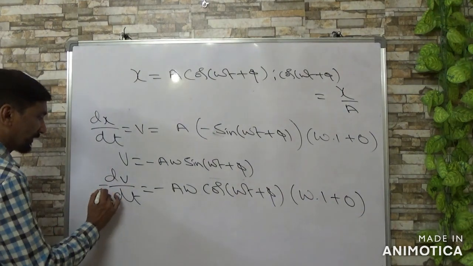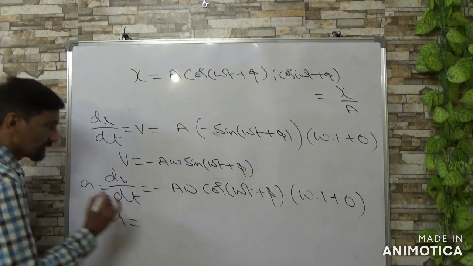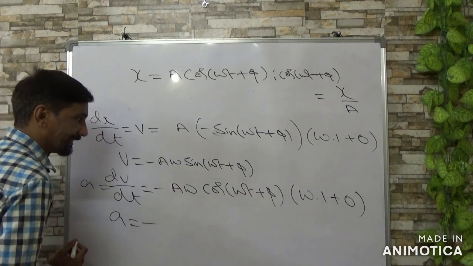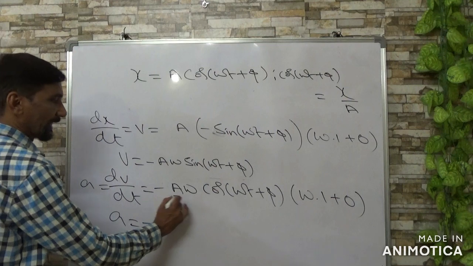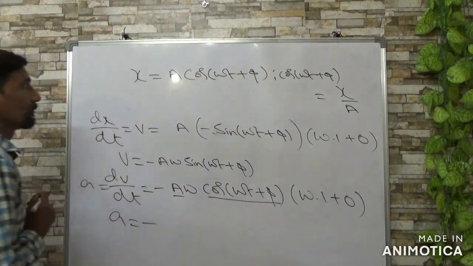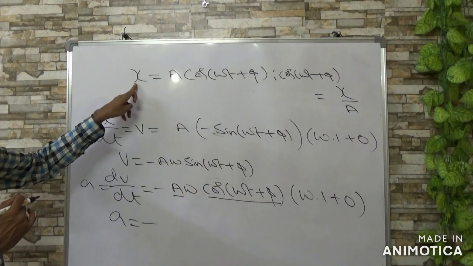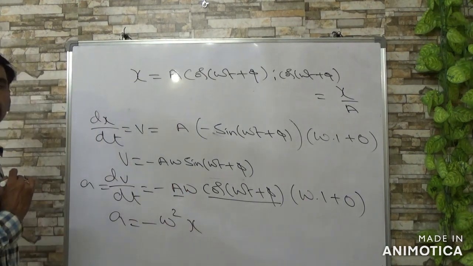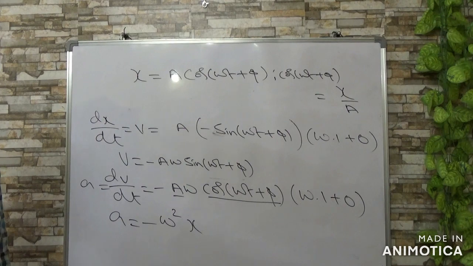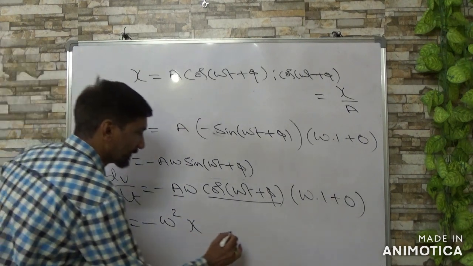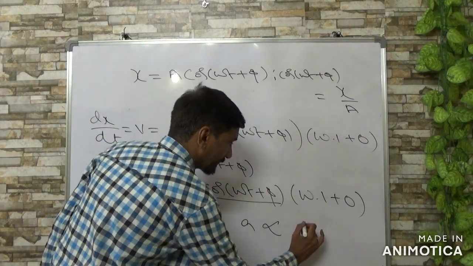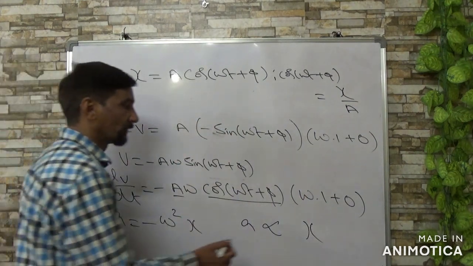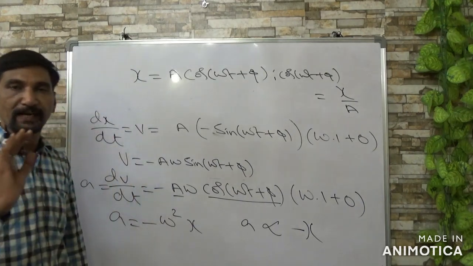So this will give us acceleration. So acceleration is equal to minus A omega square cos(omega t plus pi), which can also be taken as x. So minus omega square x. Omega is constant, no? So that is why acceleration of the body is directly proportional to displacement in the opposite direction.